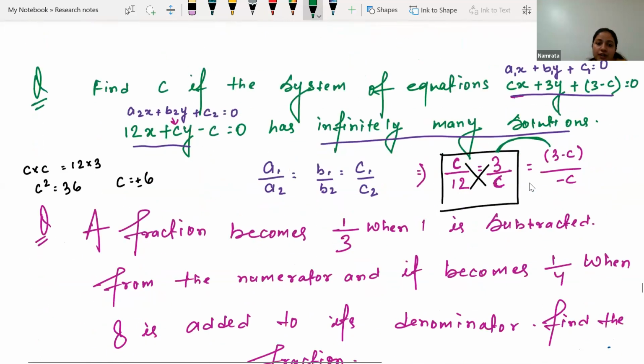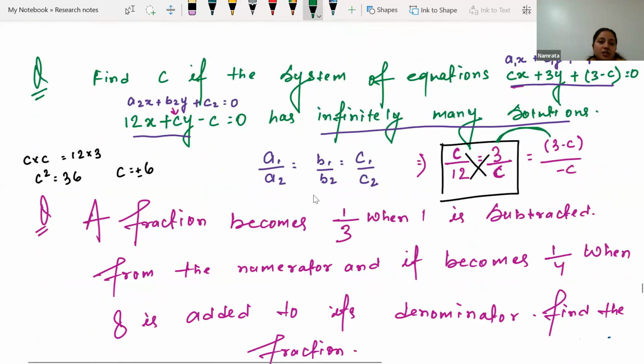If this is an MCQ question where plus minus 6 is one of the options, then we will mark it. If that is not there, it creates confusion. If one option is plus 6 and another option is minus 6, then we have to check whether it is plus 6 or minus 6, because we cannot say that option A is also correct and option B is also correct. So to check that, let me write it.